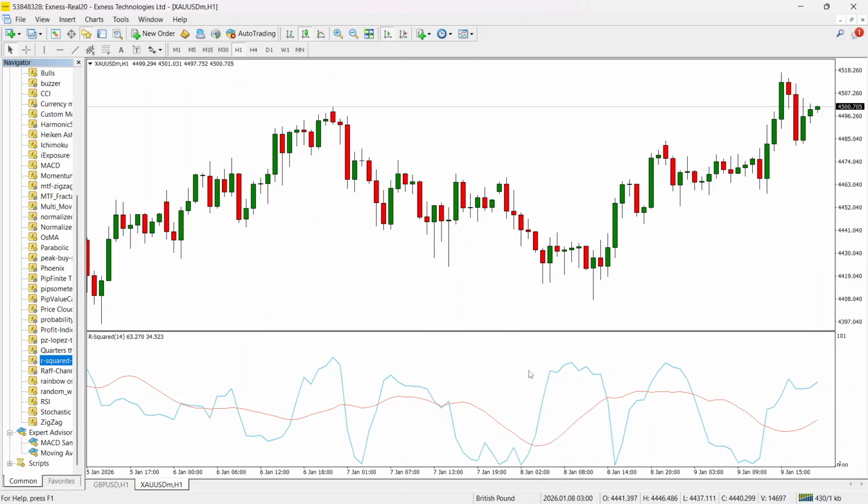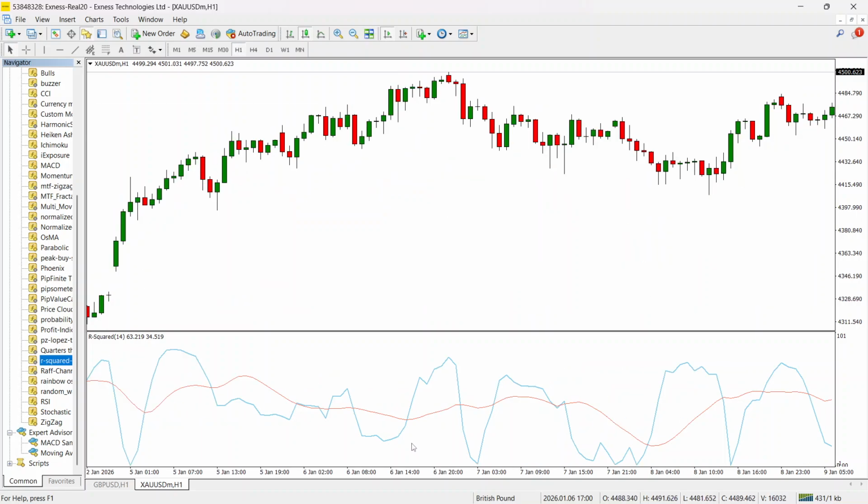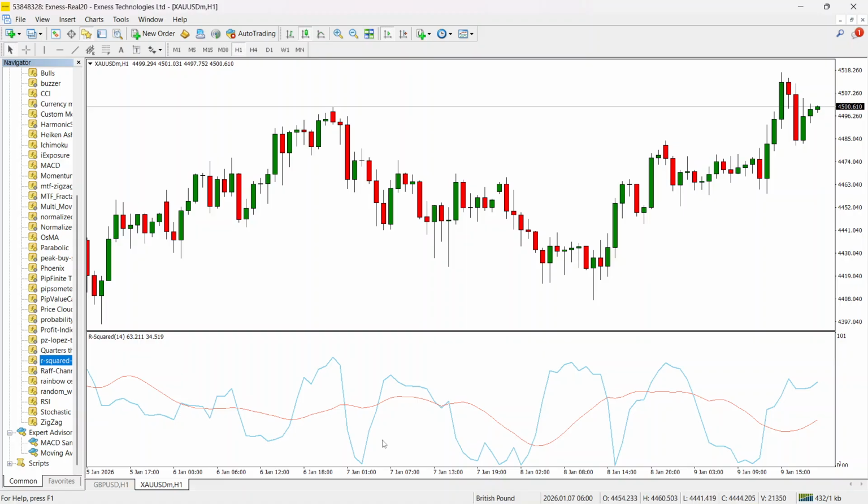Higher readings near 1 show strong linear price movements, while low readings near 0 indicate choppy or ranging conditions when no clear directional trend exists.